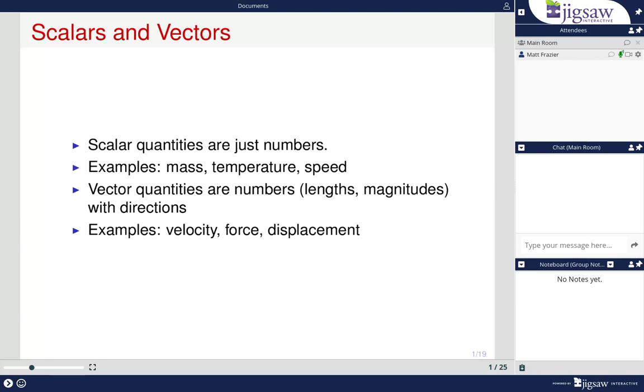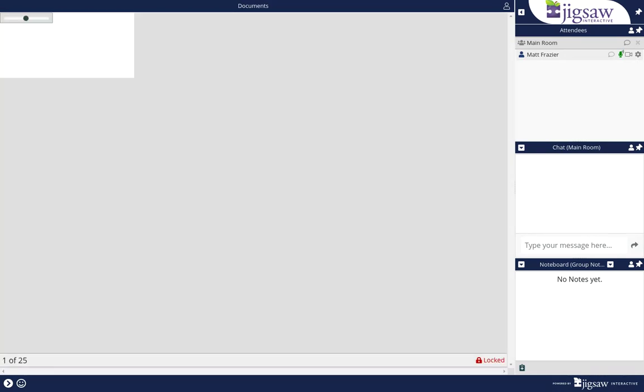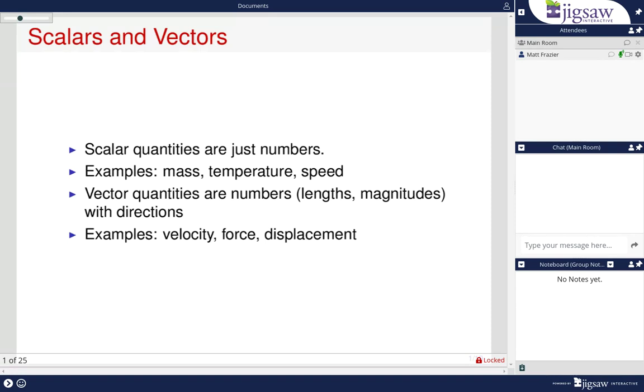There's a few others. When I mention length, area and volume as scalars, there are versions of those for vectors. What's called the displacement here is how far away you are from some starting point. Let's turn on annotations, good.